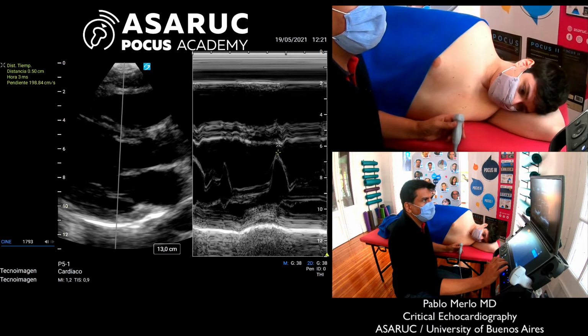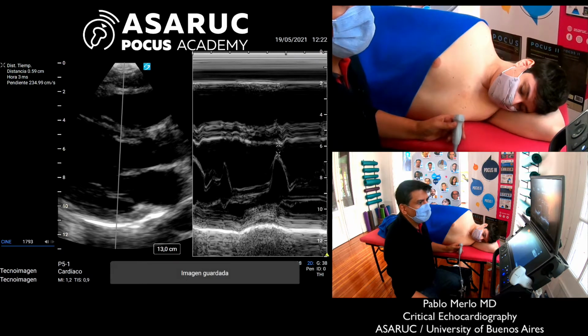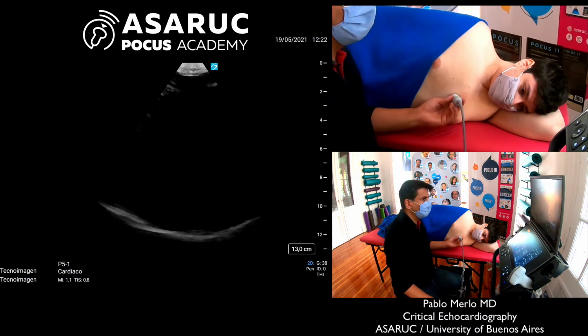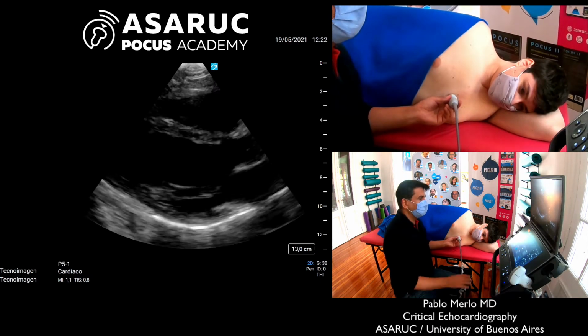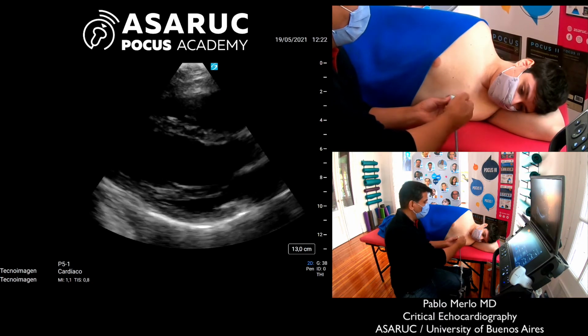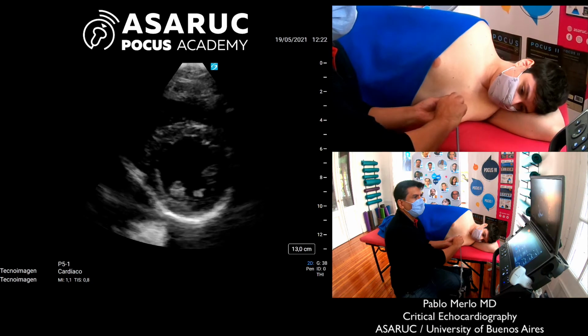As you can see on the screen, we measured the distance between the septum and the E-point of the anterior mitral leaflet, which has a normal value of up to 7 mm. In this patient, it is 5 to 6 mm, a normal E-point septum distance, which suggests that his left ventricular systolic function is preserved.